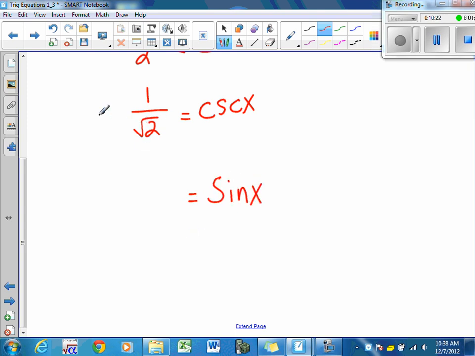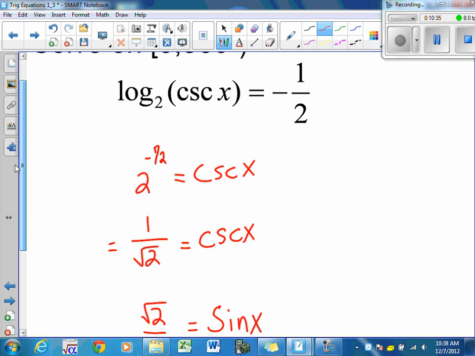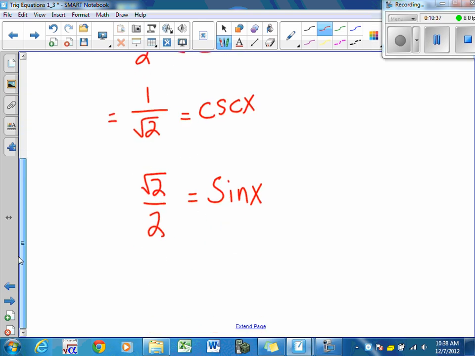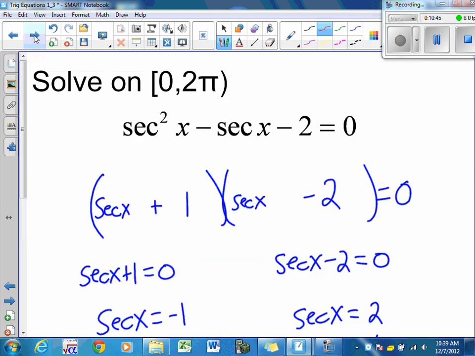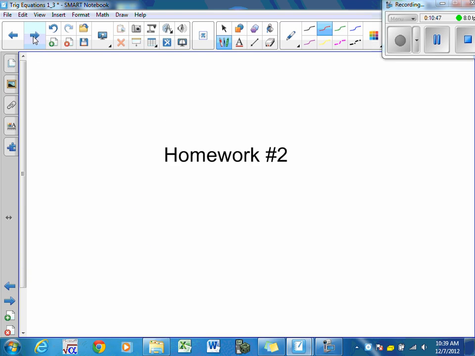And if you rationalize the denominator, this would be square root of 2 over 2 once you simplify. Okay. So, whether those are logarithms, you've got to write it into this form, or whether it's factoring, you've got to write it into the form. That is our next step. That is homework number 2.